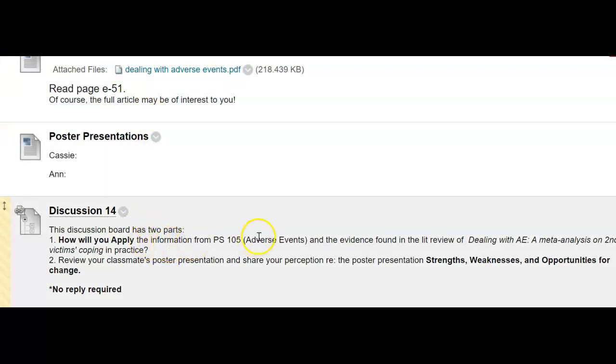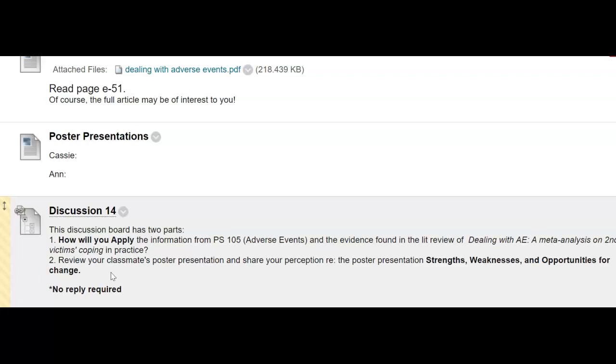So how are you going to apply this information and evidence in your practice.